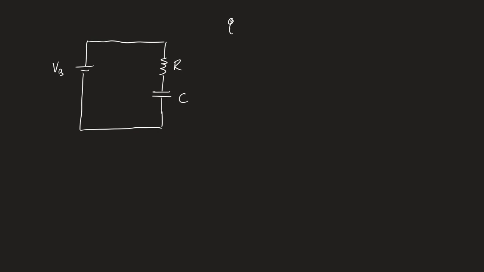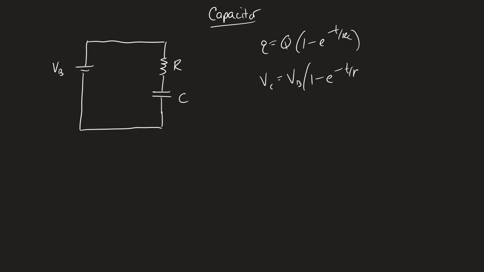So Q, no, let's just do it this way. Capacitor: Q equals Q max times 1 minus e to the minus t over RC. V over the capacitor equals V battery times 1 minus e to the minus t over RC.